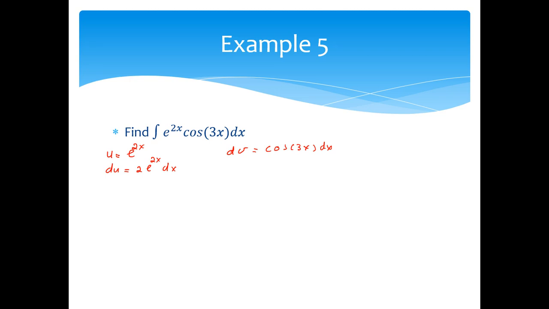Now when we integrate this, we get v equals the integration of cosine of 3x, which is sine of 3x divided by 3.